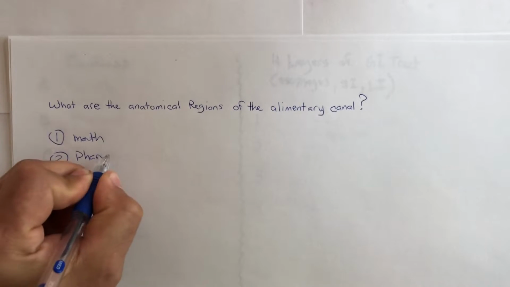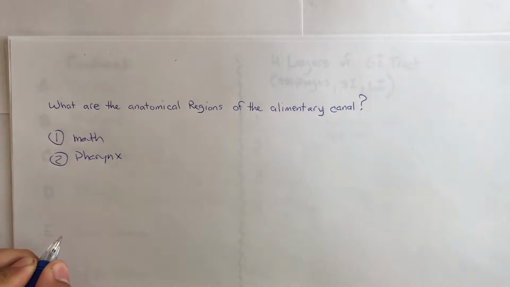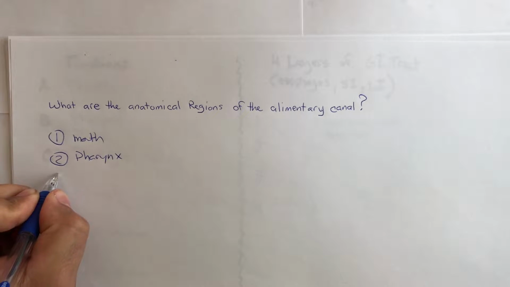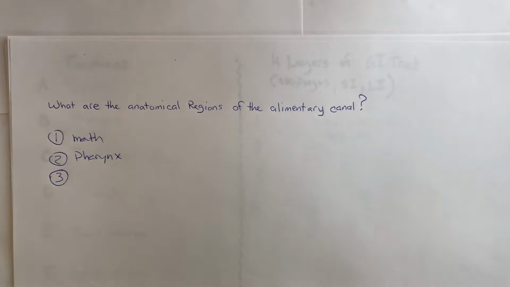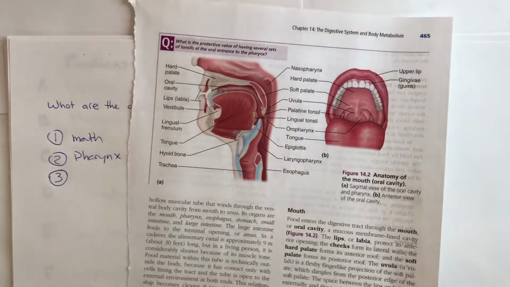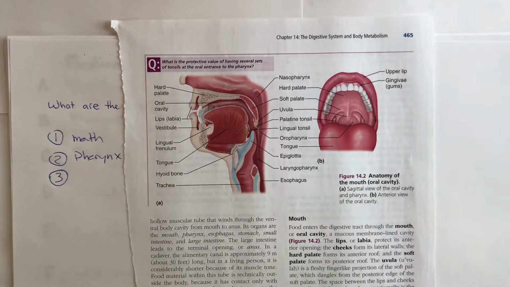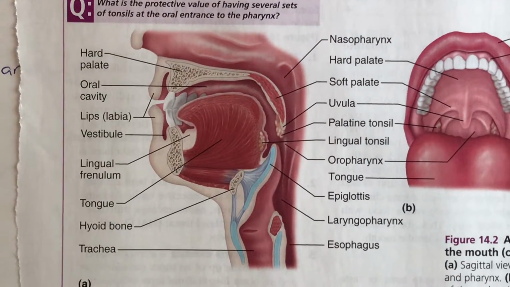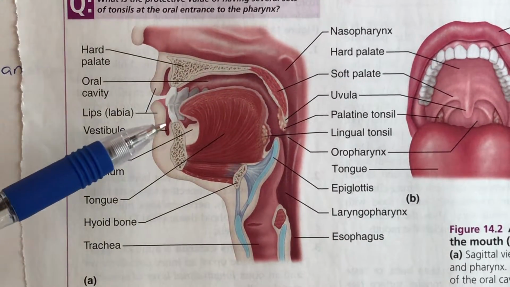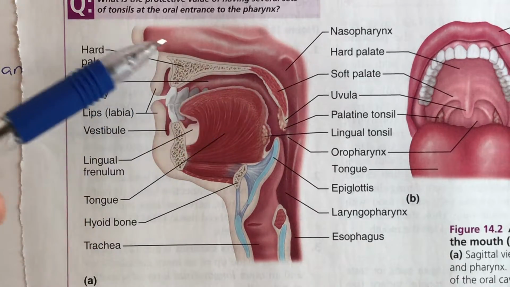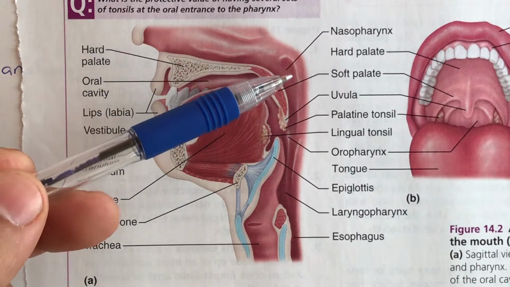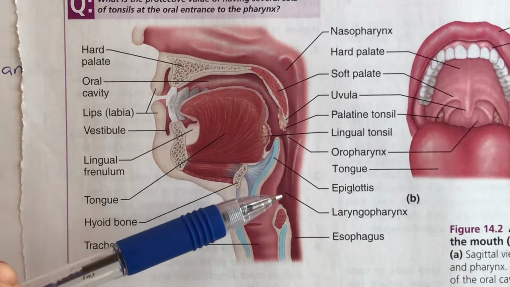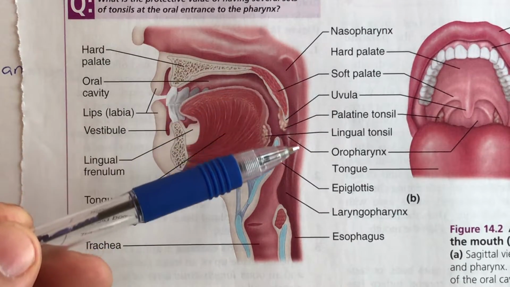the pharynx. And if you remember, we've already covered that in the respiratory chapter, the pharynx. If this is the mouth here, and this is the nose up here, this whole region is the pharynx.